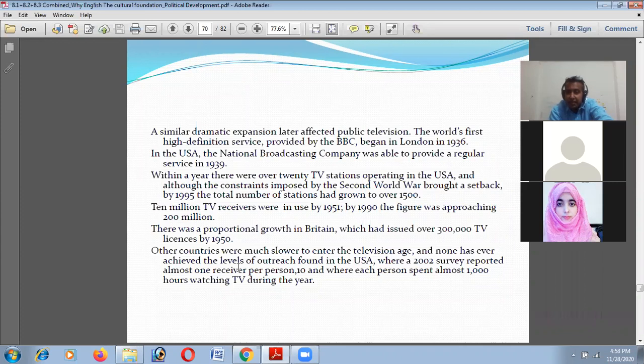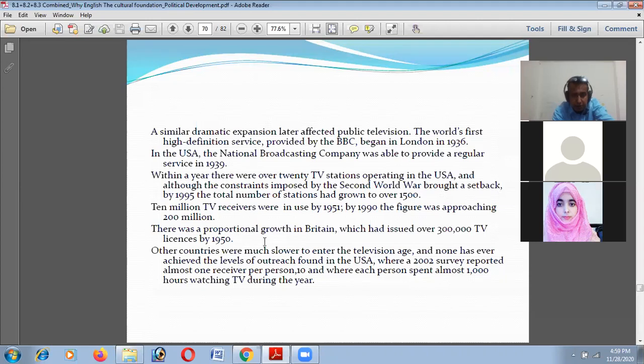So this is the data regarding television: 10 million TV receivers were in use by 1959, and in 1990 the figure was approaching 200 million.